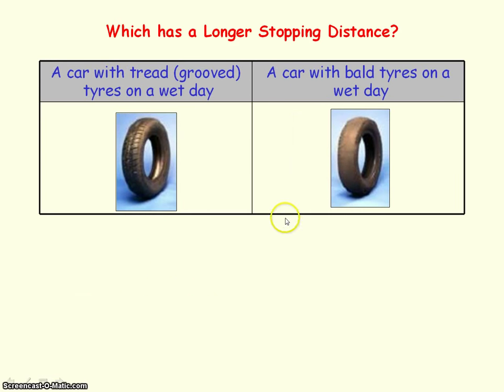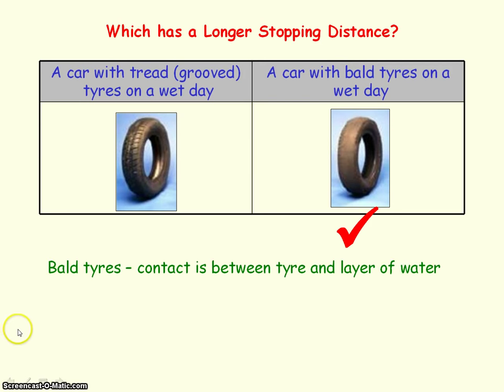A car with bald tyres on a wet day would have a longer braking distance and hence a longer stopping distance, and that's because with bald tyres, the contact is between the tyre and the layer of water between the tyre and the road, and so this reduces friction, the braking force that acts on the car, so it will have less deceleration.